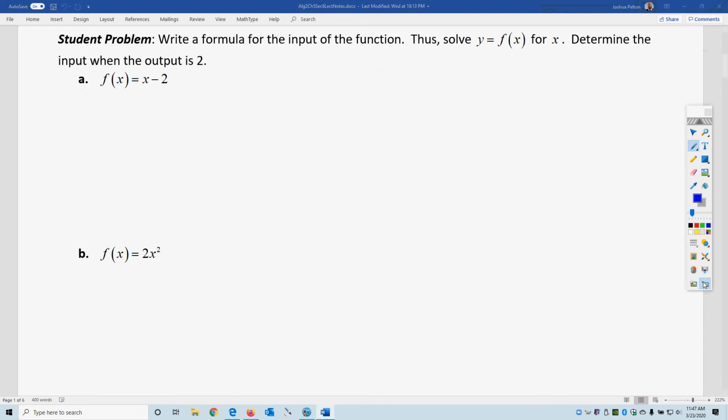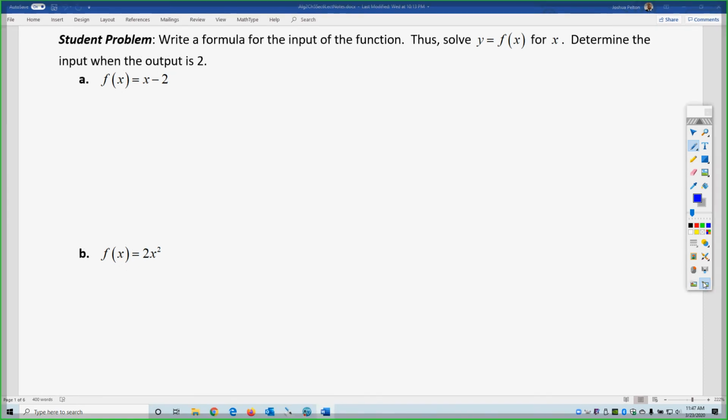Okay, so again we're given an output of 2, so that is our equivalent y. And we want to know, what is the input, x? So our original here is y equals x minus 2 for the function and equation notation. So there's our original. Okay, so y equals x minus 2. We'll add 2.